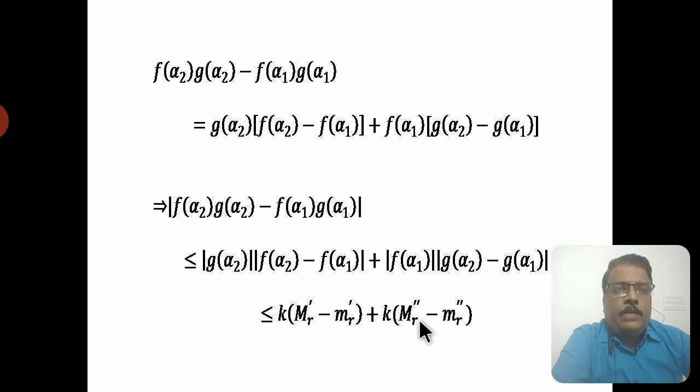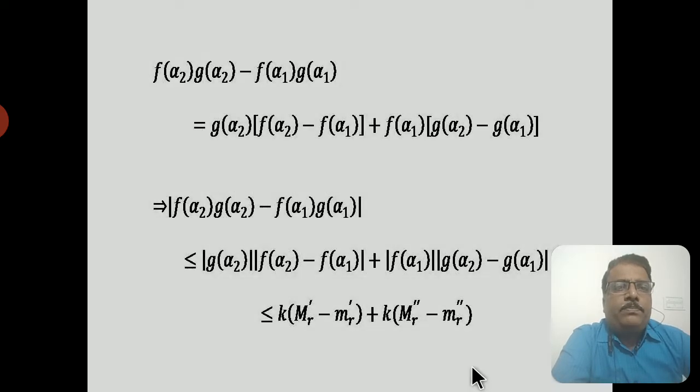Now this capital M double dash is the upper bound of the function g, as already we have considered. Then similarly small m double dash is the lower bound of the function g. So therefore, for g of alpha 2 we have replaced this by capital M double dash, and this by small m double dash.